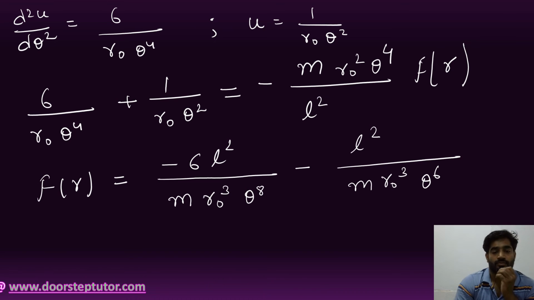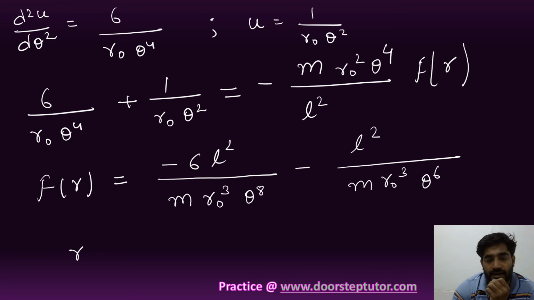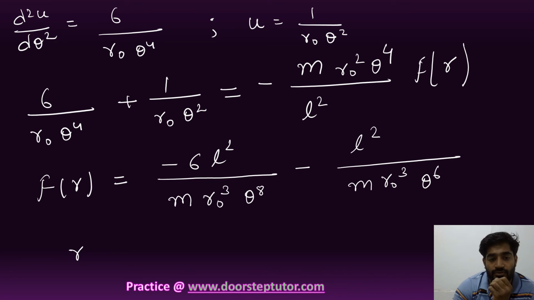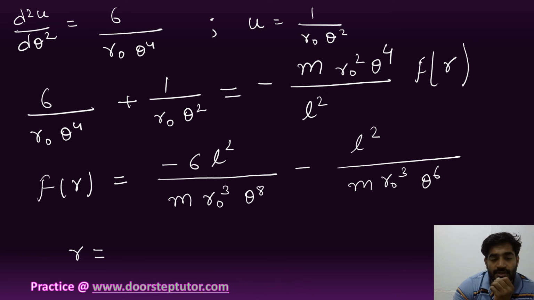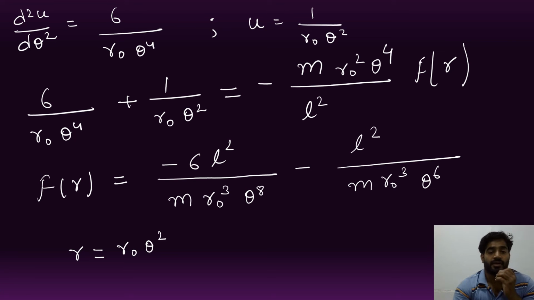Now we know this function is in terms of r, but here the function is in terms of theta. So I have to convert. r is r naught theta square, so wherever r naught theta square came, I just replace it by r.